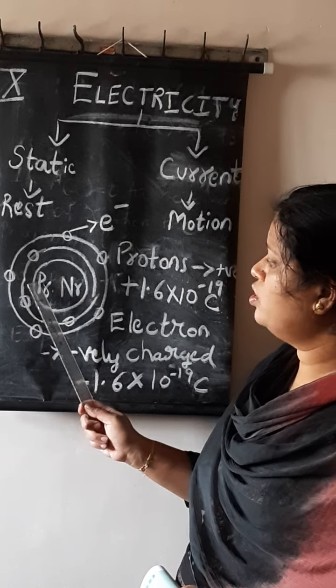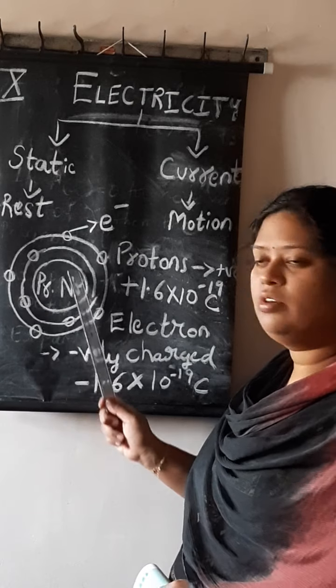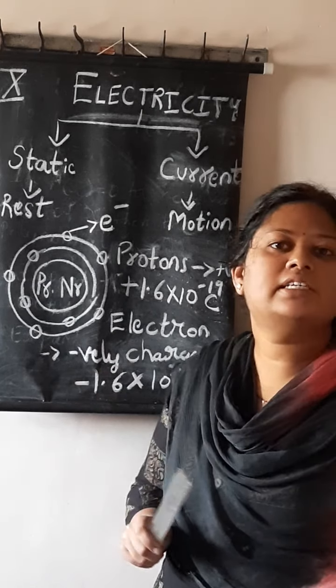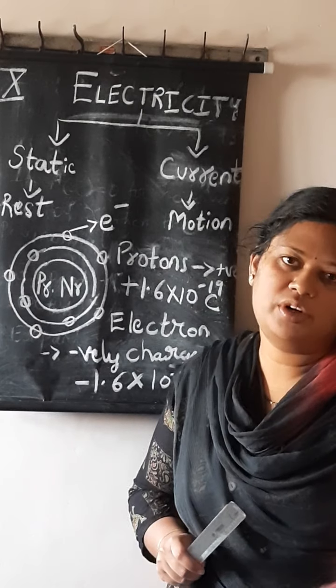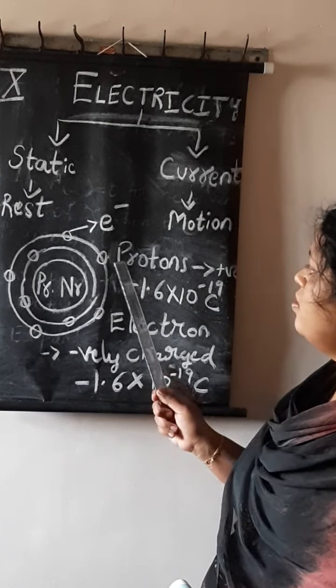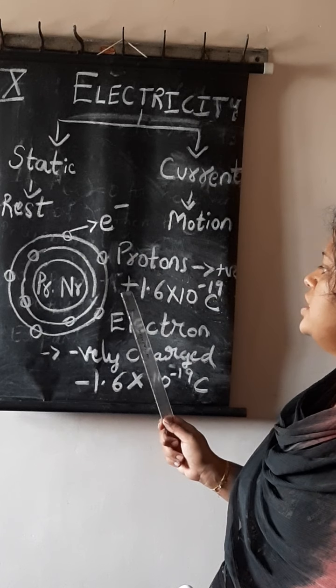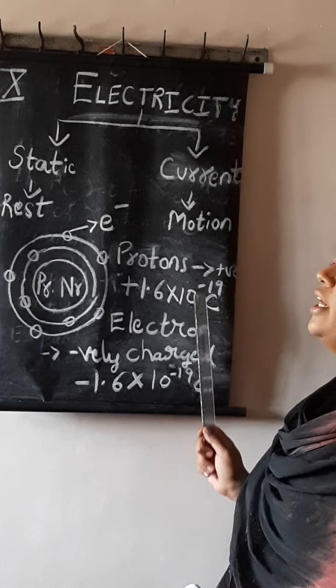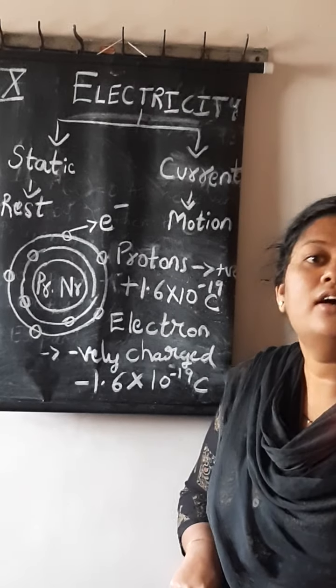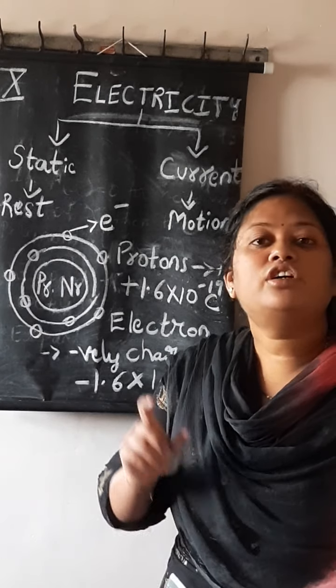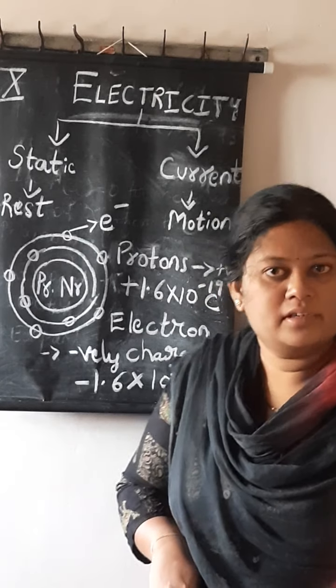So the protons and neutrons make up the nucleus, and all the electrons are revolving around the nucleus in the outer shells or outer orbits. Protons are positively charged and the charge is plus 1.6 into 10 to the power minus 19 Coulomb. What is Coulomb? I told you already, the unit of charge is Coulomb.